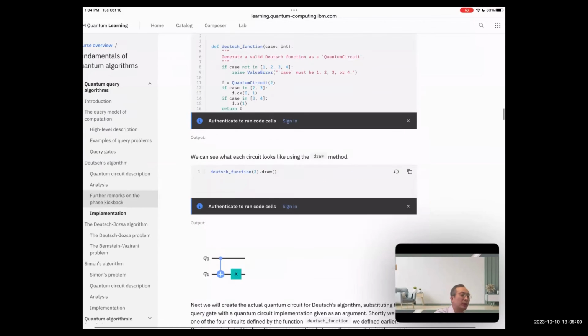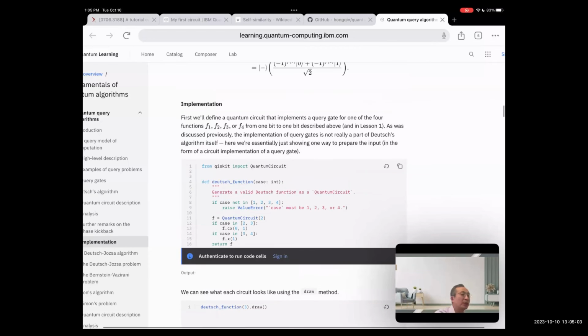So we actually have the Qiskit implementation. One confusing part when we apply Qiskit is that we have to implement F1, F2, F3, F4. This really confused me at first, why we have to implement 4 different functions.